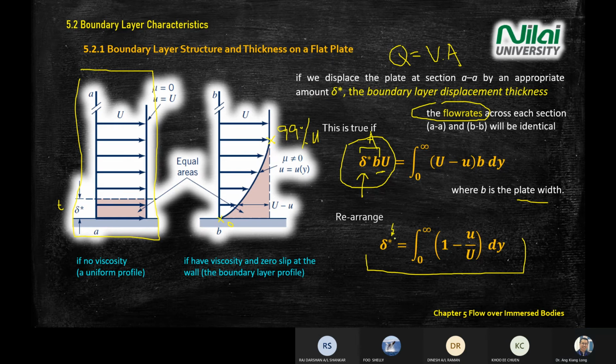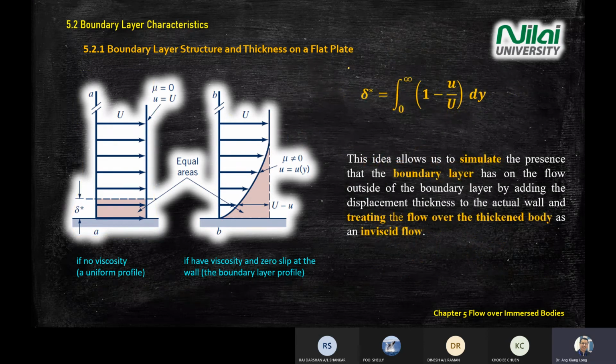How do you know the difference between star and without star? Star is a perfect case, where you equate the logarithmic case to an ideal case. Then you get this equation. All right, this equation is important.